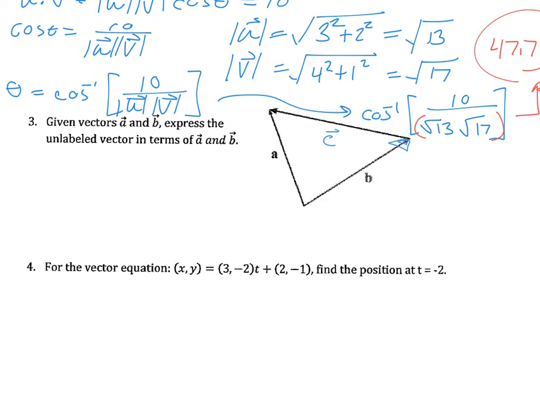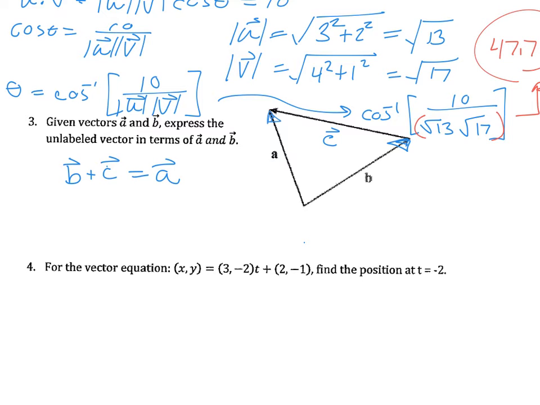So I could say B plus C equals A. Because if I start here for B, I follow B, then I'm at the beginning of C, I go all the way to there. So it's the same as going from here straight to there. So the arrowhead for A is already in the right place, and it's equal to B plus C.